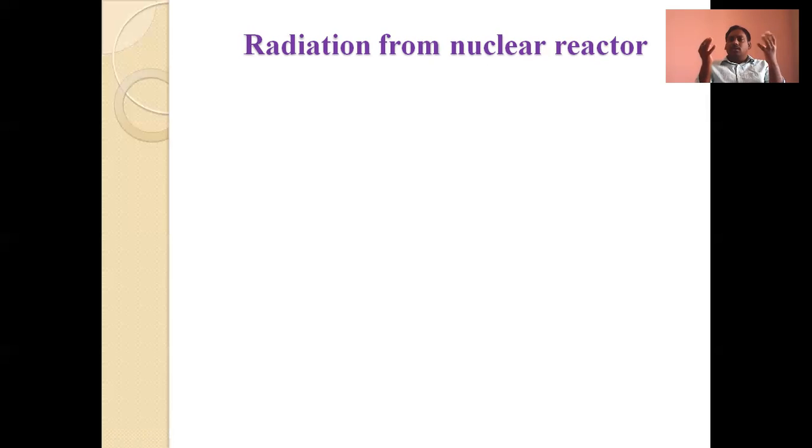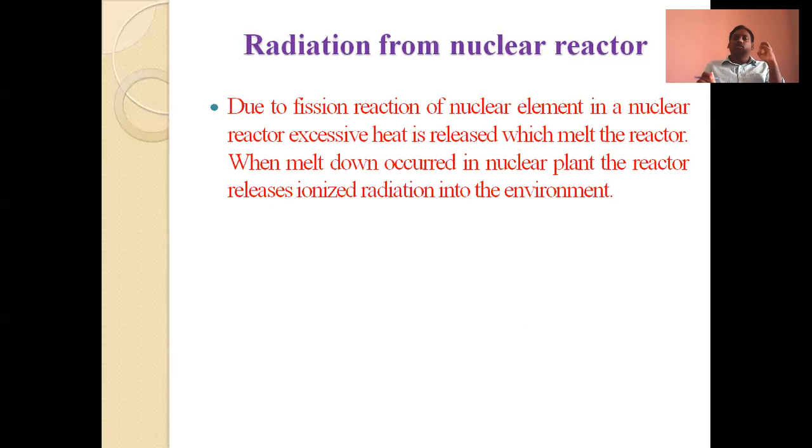When the reactor core does not withstand that much heat energy, the reactor core is spoiled, damaged, and finally melted down. When the reactor core is melted down, radiation leaks from the nuclear reactor.